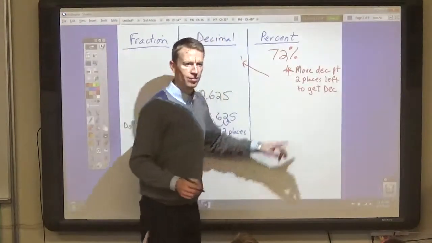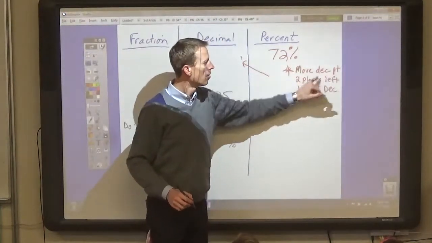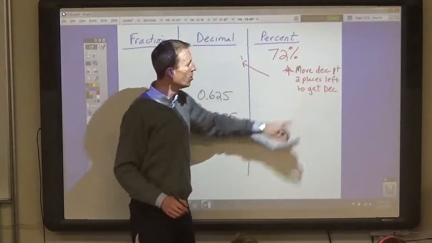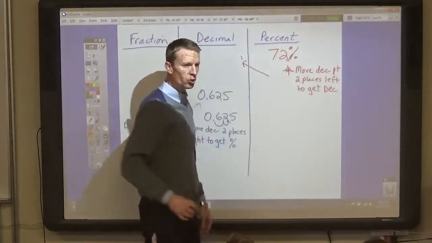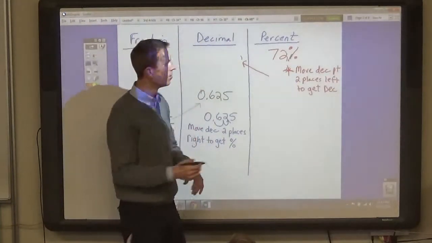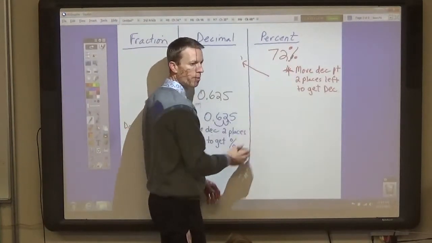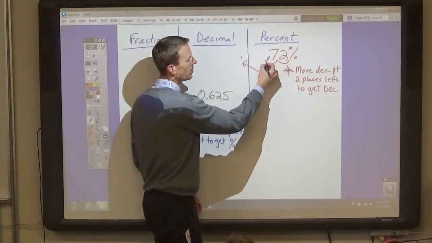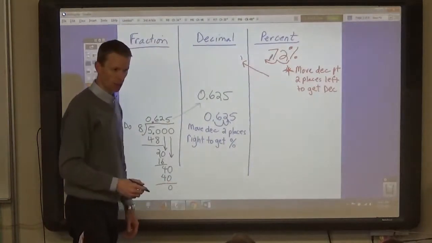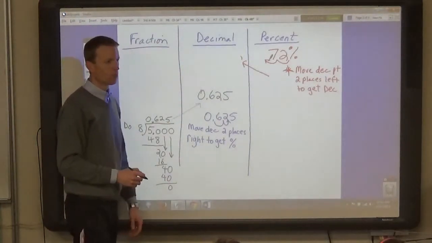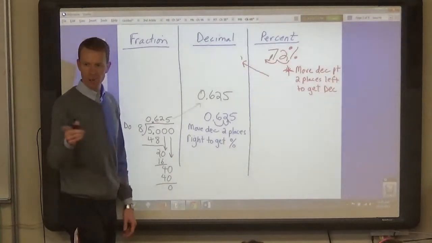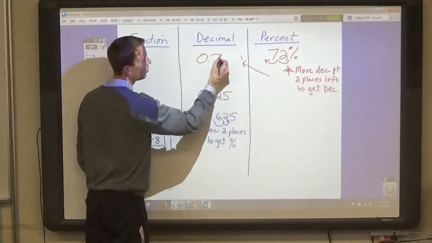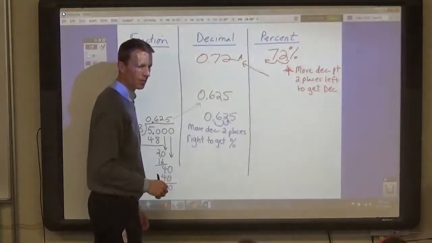Somebody read that. Max? Move decimal point 2 places left to get the decimal. Since 72 is a whole number, the decimal point would go behind the 2, right? So if we move this 2 places over, what is that as a decimal? Abby? 72. Good, 72 hundredths. Write that down.